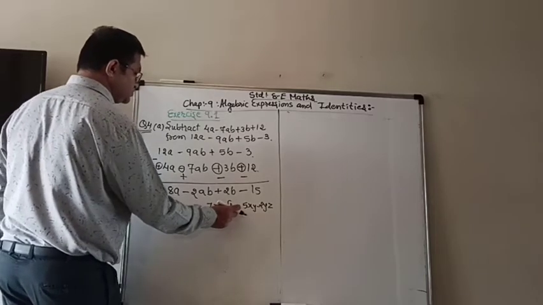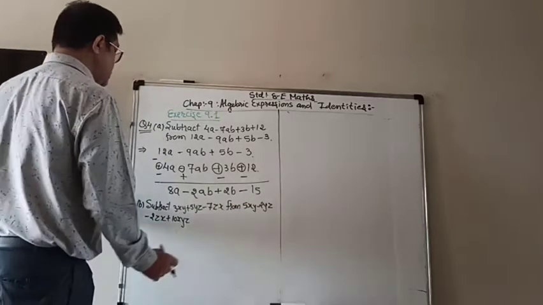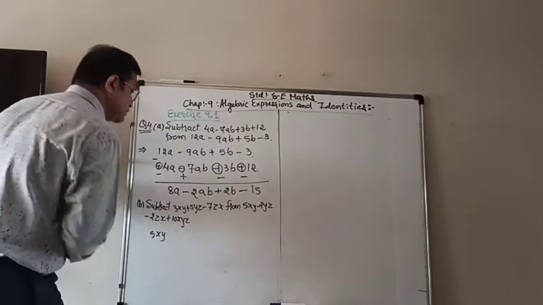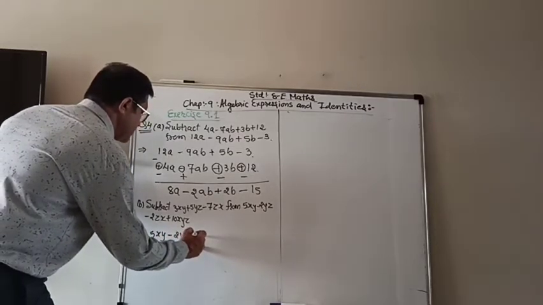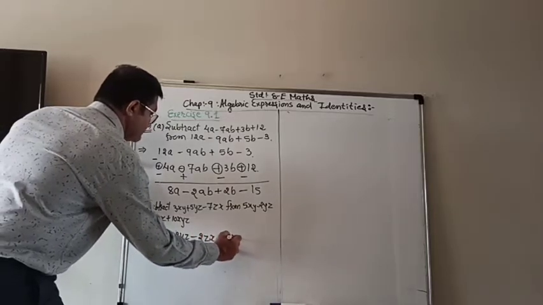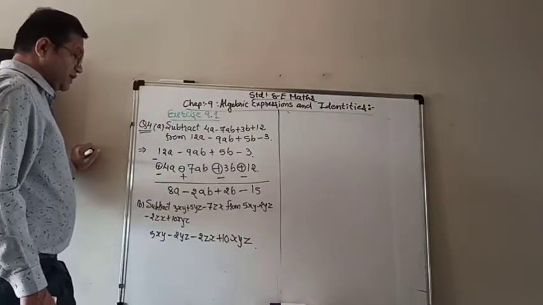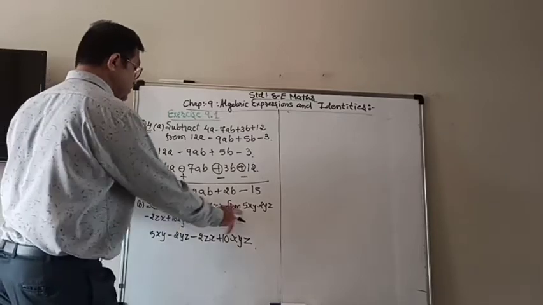So from this it means that first we have to write down the second, means 5xy minus 2yz minus 2zx plus 10xyz. So we wrote down that one.